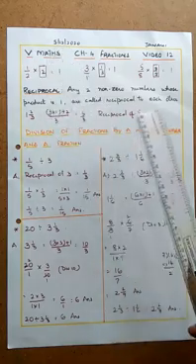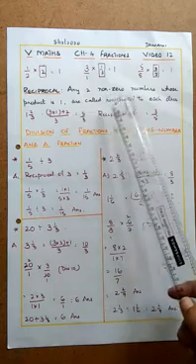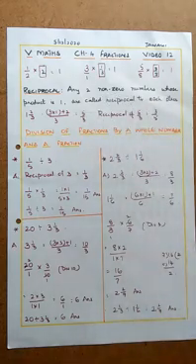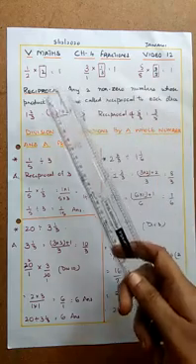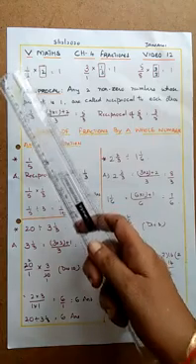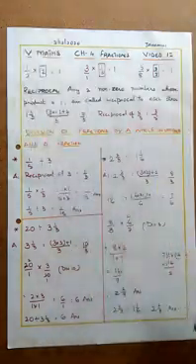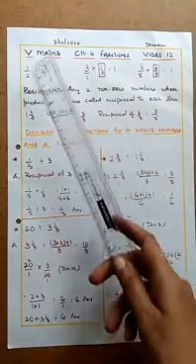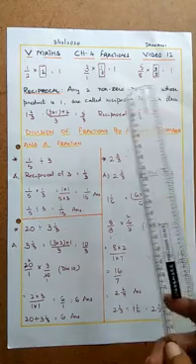So now let us learn what a reciprocal is. Any two non-zero numbers whose product is 1 are called reciprocals of each other. So remember that whenever you are taking a fraction, you should not have 0 in the numerator or denominator. Only for such fractions you have a reciprocal.